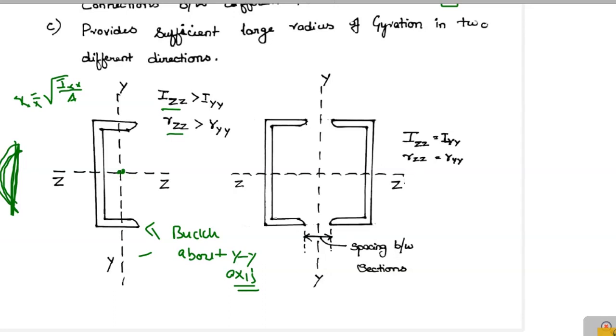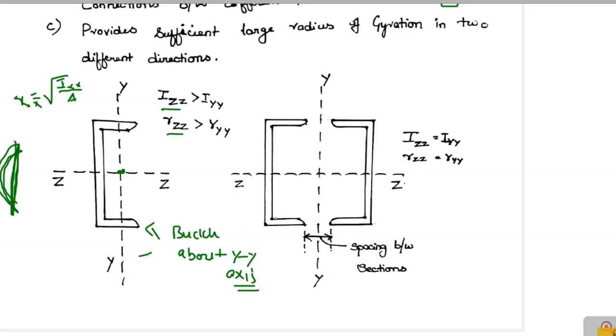small. But what happens if I take another channel section and join these two channel sections face to face? Okay, see, face and face facing each other. So what happens is now the y-axis will shift to the center of these two sections, isn't it right?